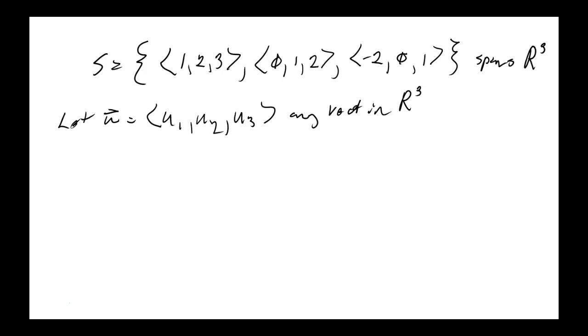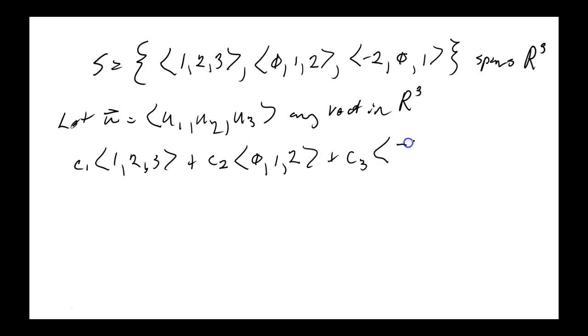So what we need to find is C1, C2, and C3 such that C1 times 1, 2, 3, plus C2 times 0, 1, 2, plus C3 times negative 2, 0, 1 is equal to U, which is U1, U2, U3.